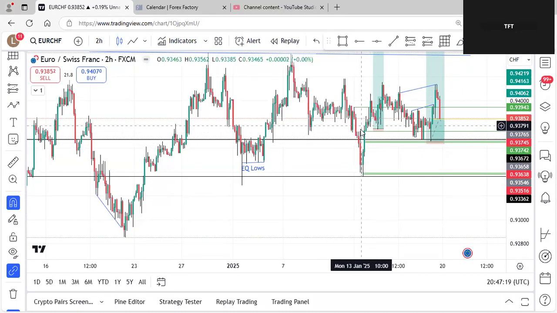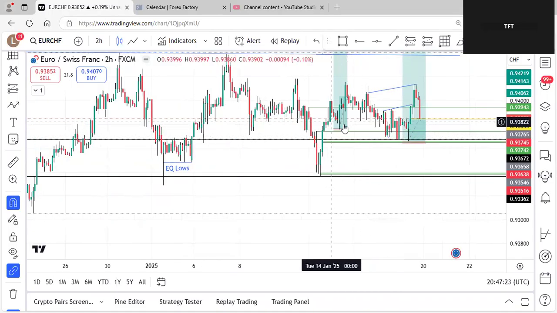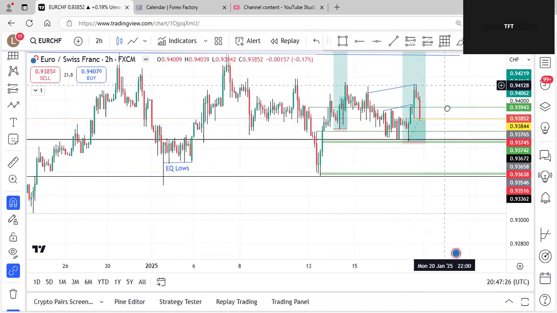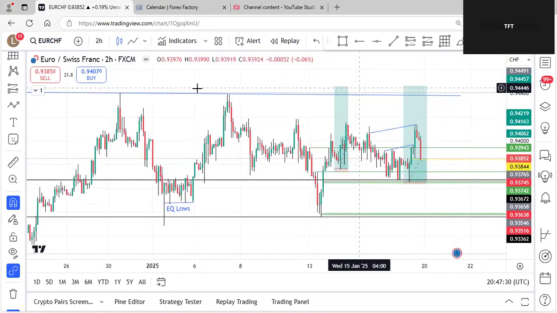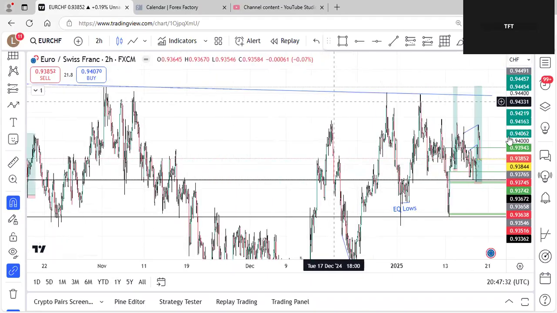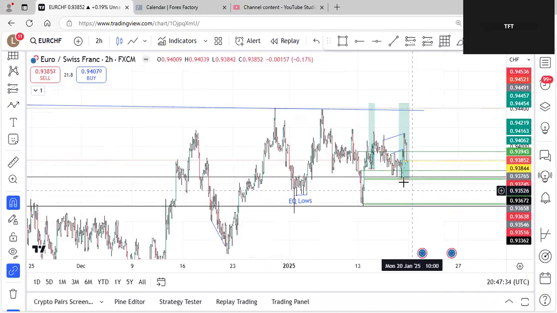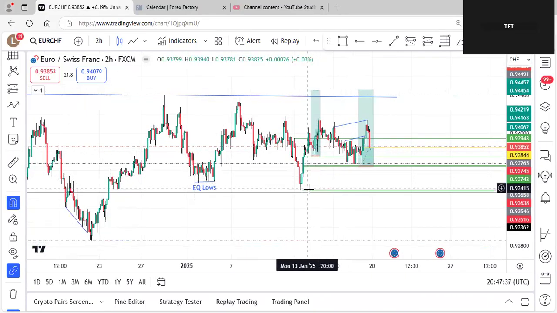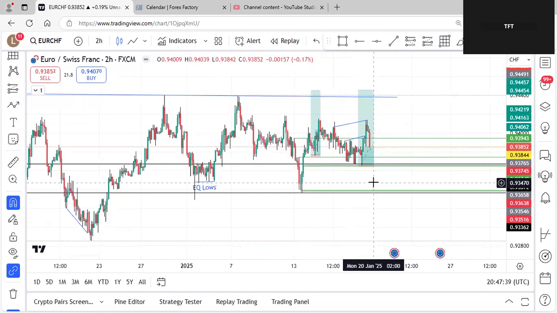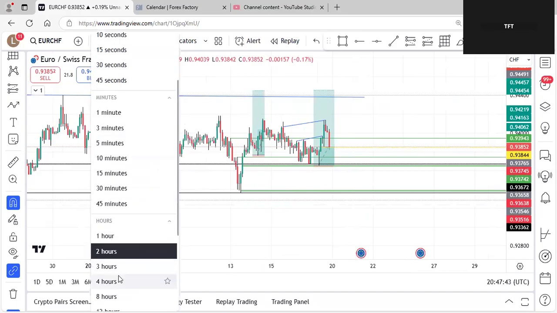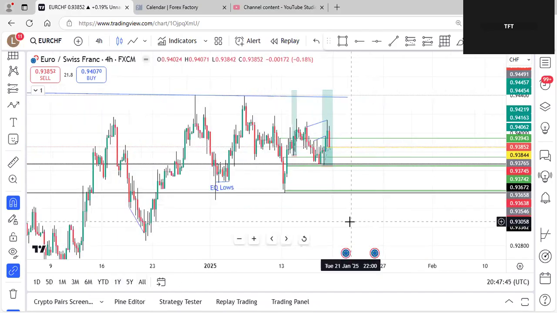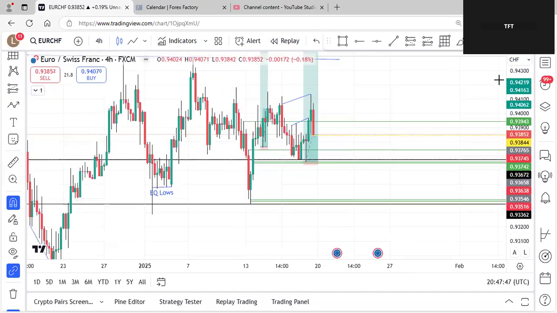Once it's broken above these highs that I'm happy with, it's come back and mitigated, and then I'm hoping it goes and takes out the overall target. Obviously, it's not guaranteed to go there. It could come lower into this, I guess. But that's part of trading, I guess.